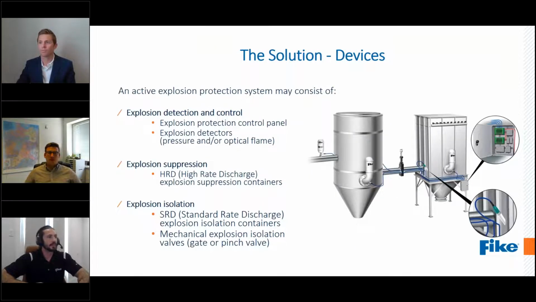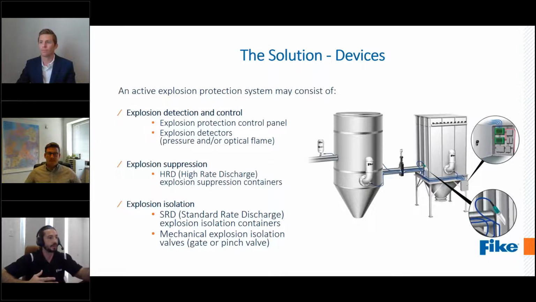So a little bit more detail about the devices that are involved in an active system. First, you have your explosion detection and your control. That leads to a control panel being needed for a particular solution. We also have detectors, like I mentioned, both pressure and optical or infrared detection. For the suppression protection, we typically utilize a high rate discharge container, or an HRD container.